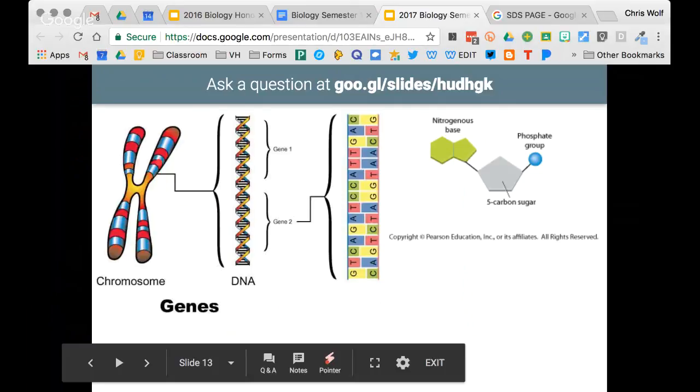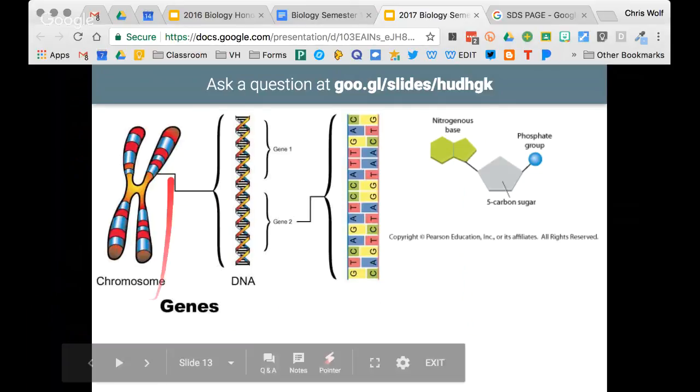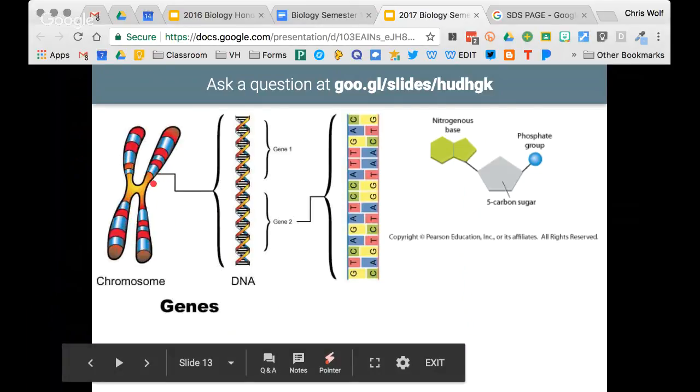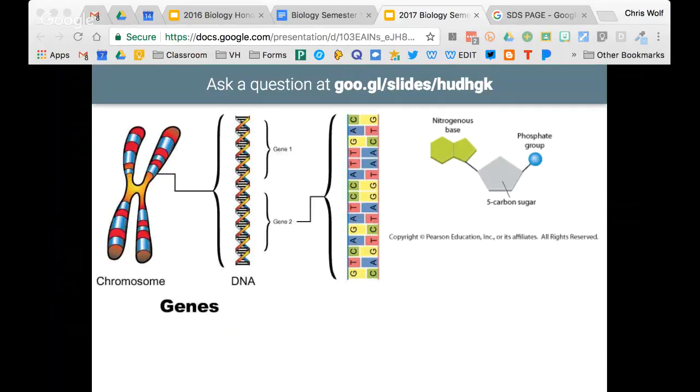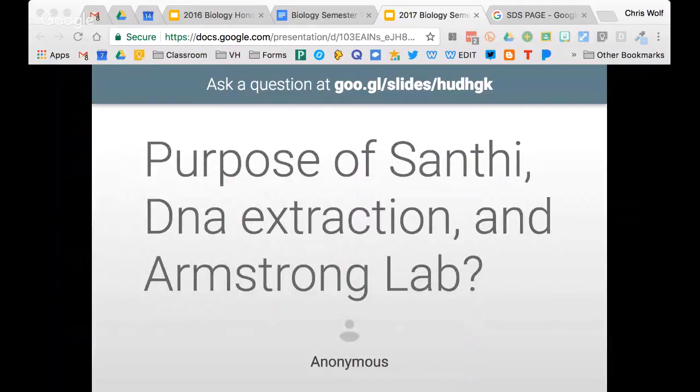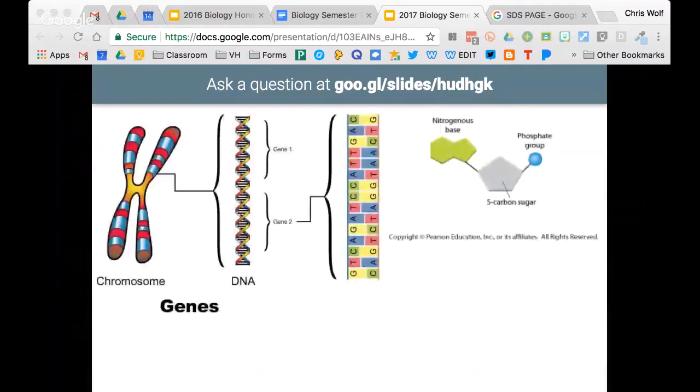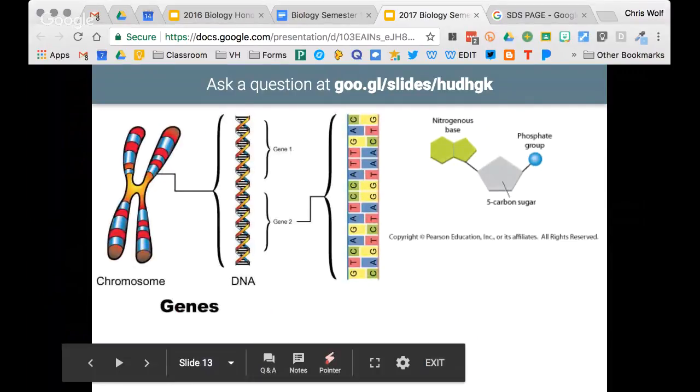So first of all, DNA is found in chromosomes, and we covered this in the Santhi lab. Someone asked a question, I believe, about Santhi. Let me pull up that question. Purpose of Santhi. So the real purpose of Santhi for us in biology was to give this idea that our bodies contain lots of DNA.